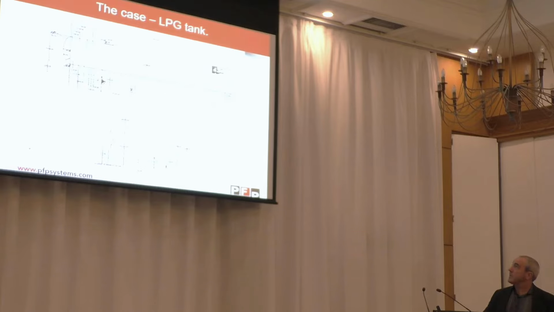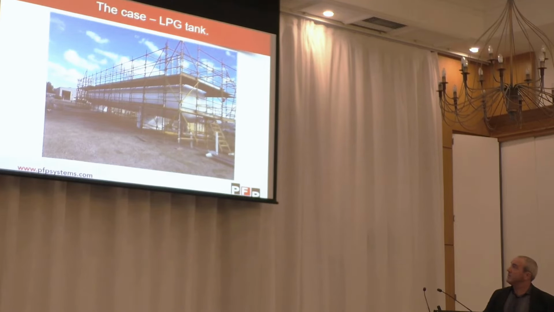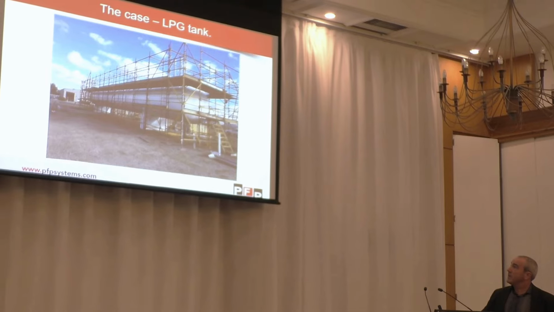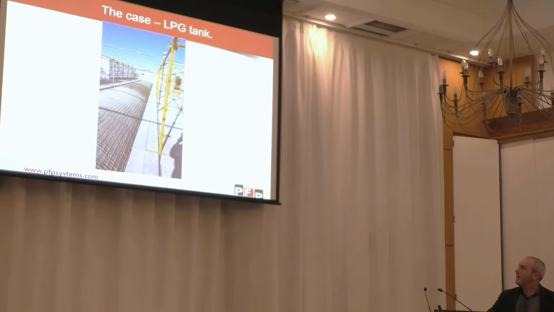So this particular tank we did recently: proper forming for access, and a white blast, 2.5, Sa 2.5 white blast. There's a layer put on, I'll get to that shortly.